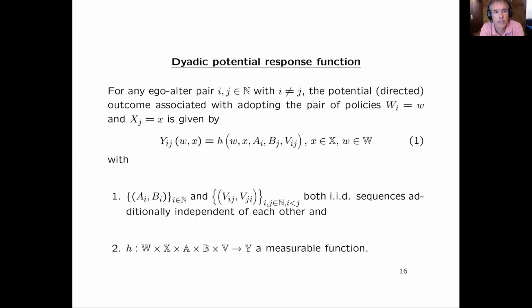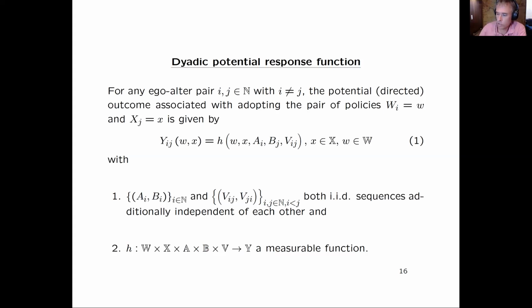Okay, given this setup, we're going to imagine that there's a potential response function which maps policies into dyad level outcomes. So here Y_ij corresponds to export flows from country i to country j, and this is posited to vary with WTO membership.